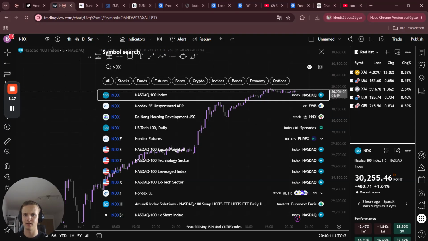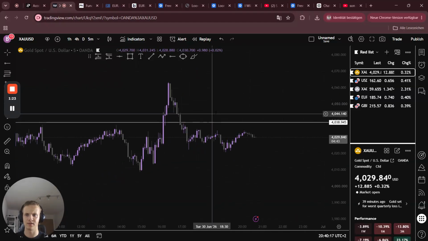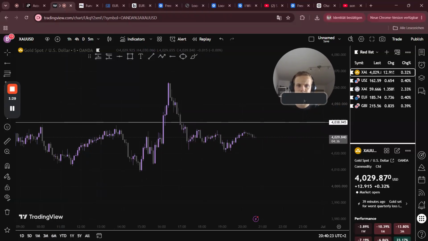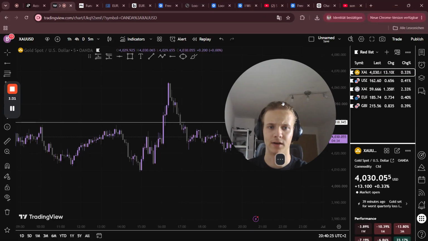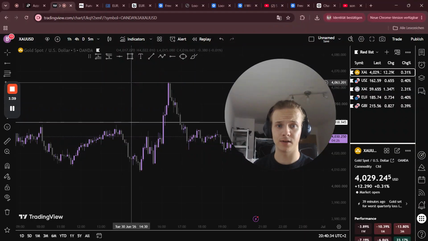This is not going to matter. But if we search for my watch list, for example, here it says Oanda. That's the broker. As long as you don't have a brokerage account on Oanda, that's basically going to be useless because the price action will be something way different than on MetaTrader.